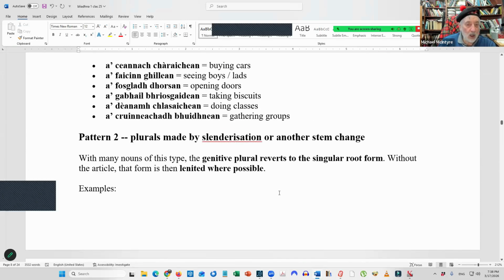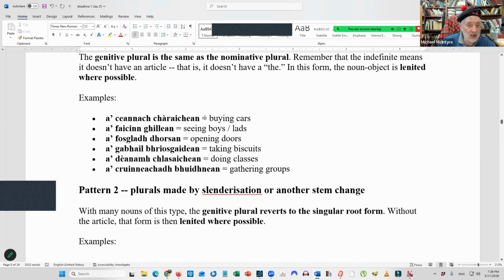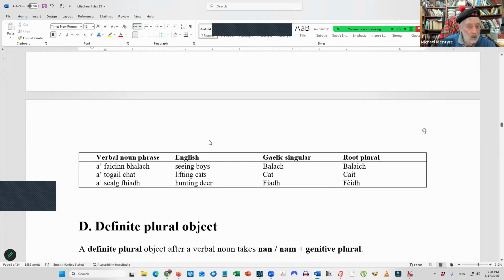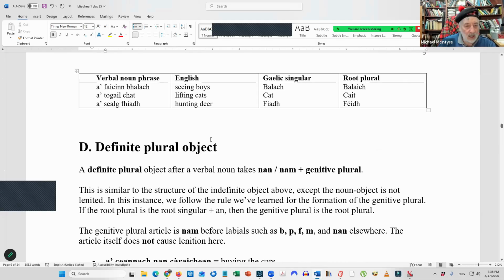So in some ways, the -an ending is the easiest. But in both cases, for the indefinite, that is without the, we slenderize.